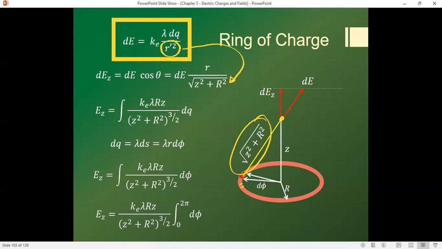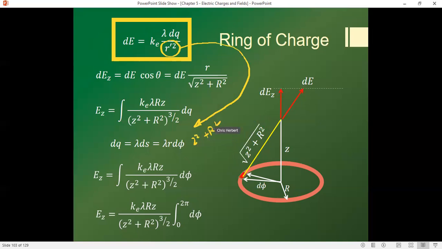Sorry folks, I take that back. Getting ahead of myself. I'm going to replace r squared with z squared plus R squared.